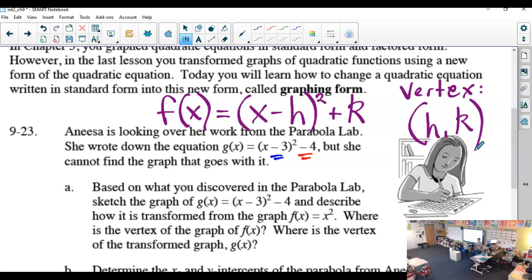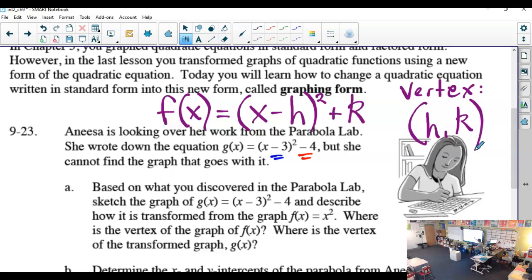So what h looks like is, we take the quote-unquote opposite of what it looks like inside the binomial, but really, since we write this formula x minus h, h is h, right? So that's where this gets tricky, but this is how they write it.